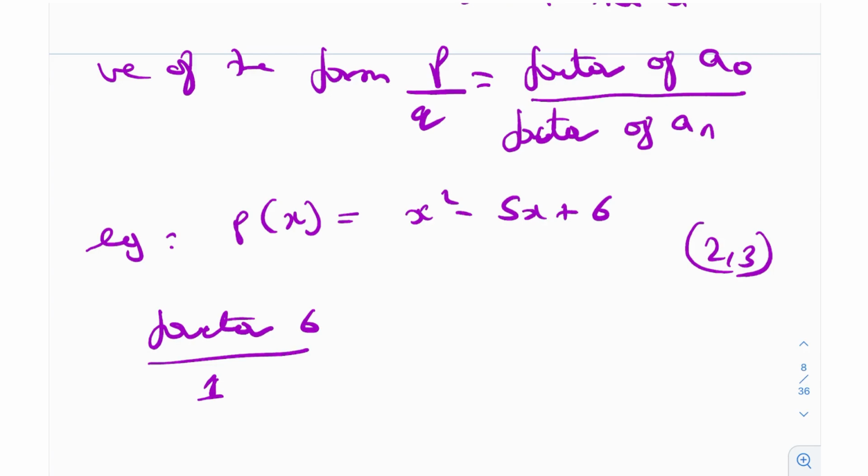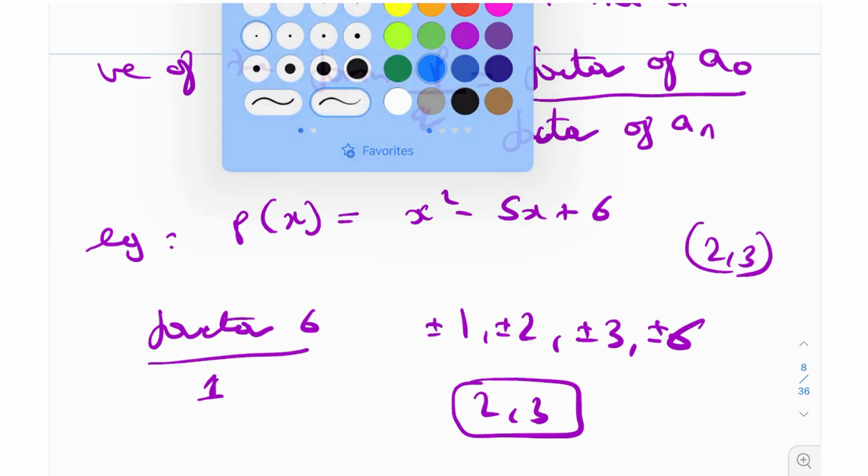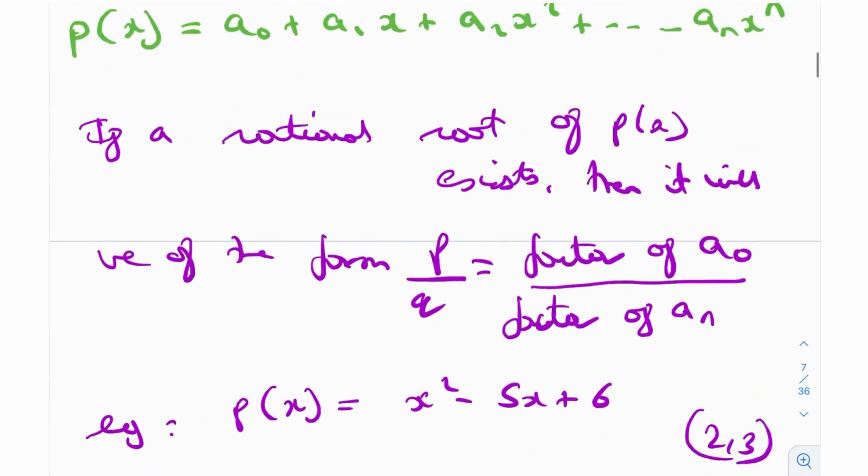And the factors of 6 are 1, 2, 3 and 6. But when you apply the rational root theorem, you consider both plus and minus, so plus minus 1, plus minus 2, plus minus 3, plus minus 6. These may be the possible rational roots of this polynomial. And we know that 2 and 3 are actually the roots. You can find that out by factorizing or using the quadratic formula. So this is effectively what the rational root theorem is telling us.